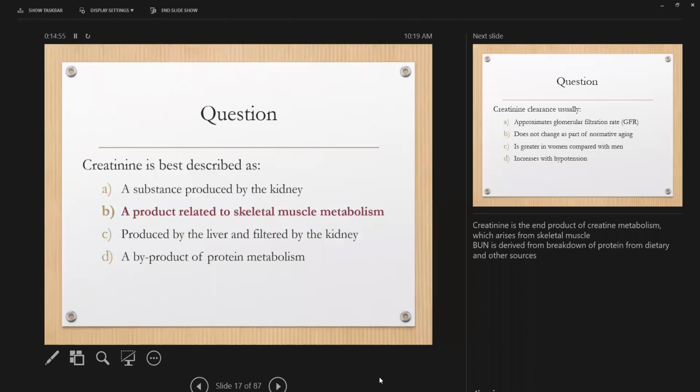But if our creatinine begins to rise, it's telling us that A, something may be happening with my skeletal muscle, or B, something is happening with my kidney and it's not able to do the processing of the creatinine appropriately and it's beginning to rise. Does that make sense? Now remember that BUN is your breakdown of protein from your dietary sources and other sources of intake.